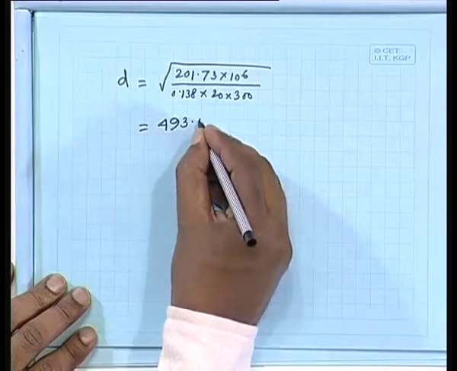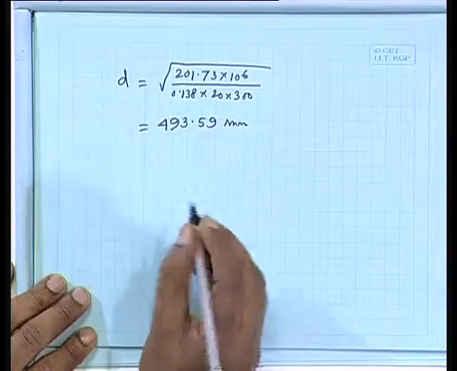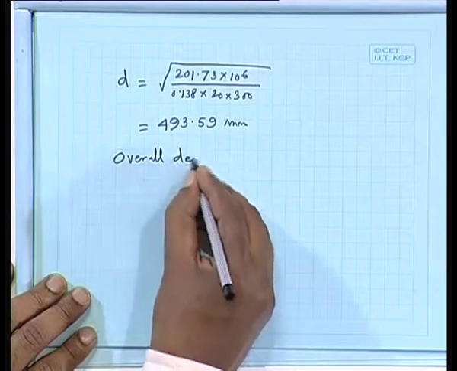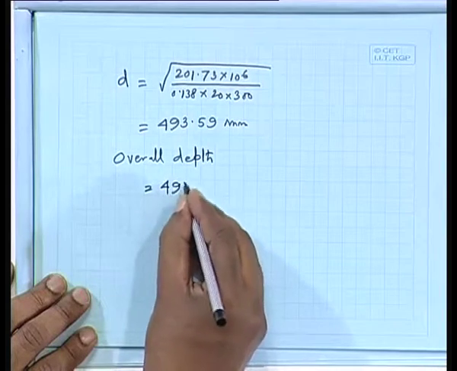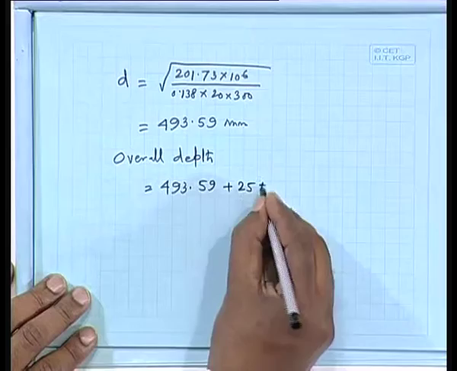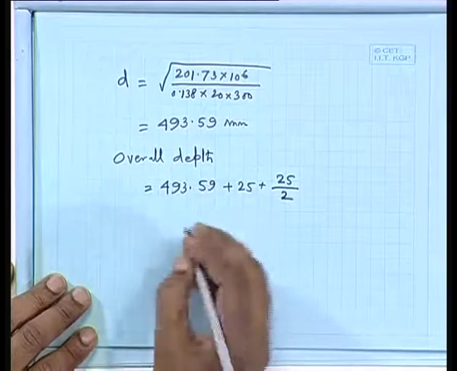So, you see that 493 millimeter only. Overall depth, 493.59 plus 25. Let us still take 25 millimeter dia bar, we shall provide.